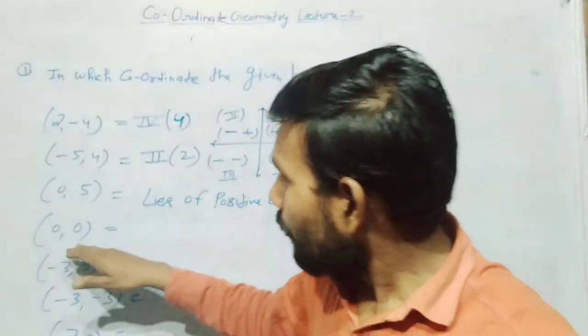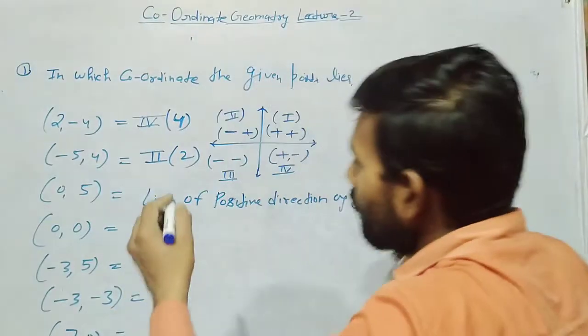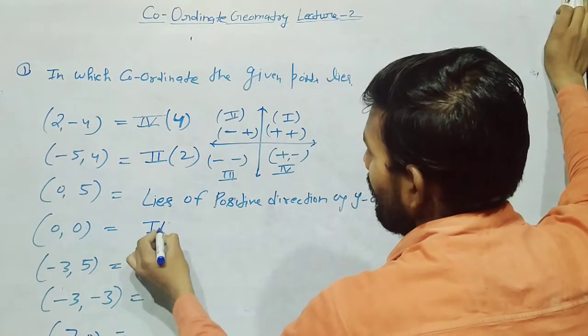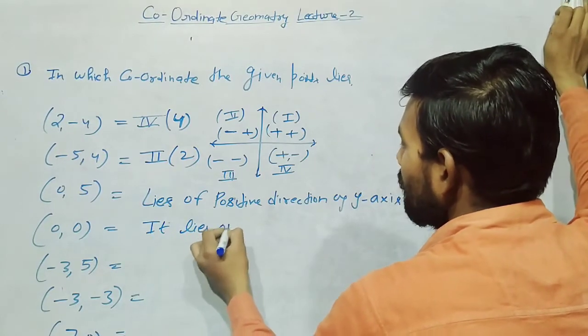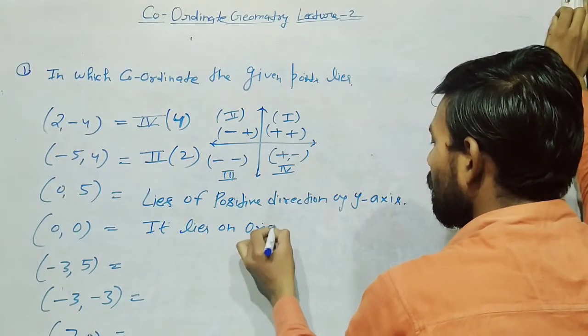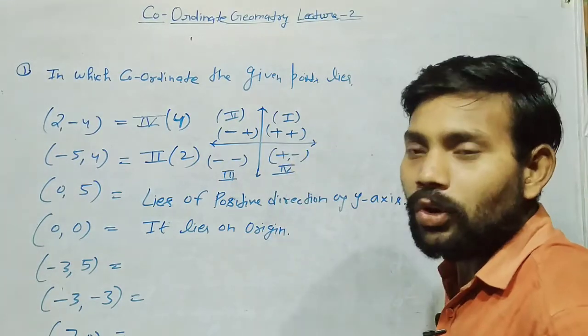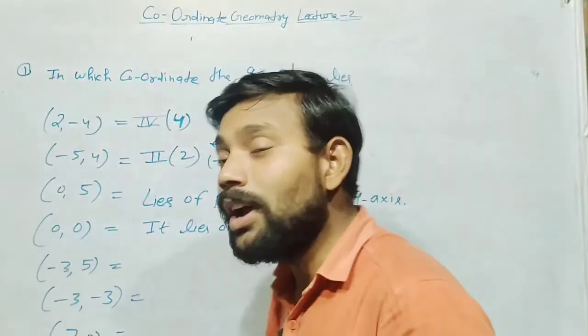Since (0, 0) is the origin, it lies on the origin. The coordinate of the origin is (0, 0).